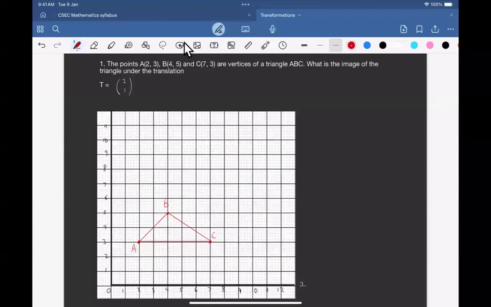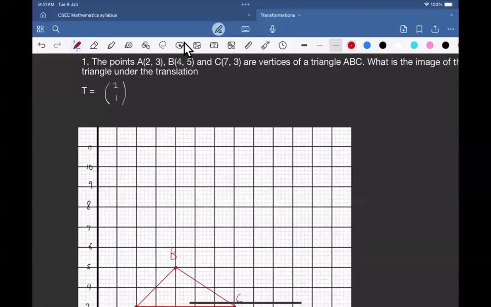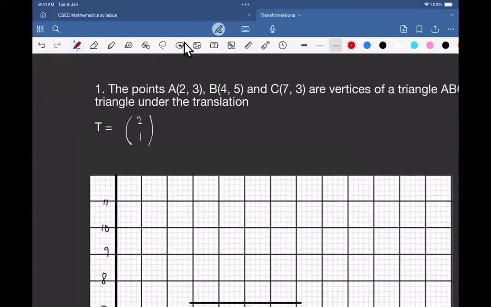Right. Now, let me formally make a statement here. It's always the X movement first, then the Y movement.